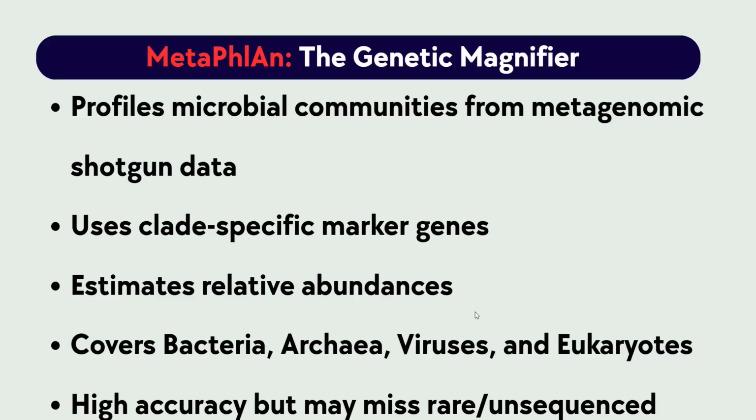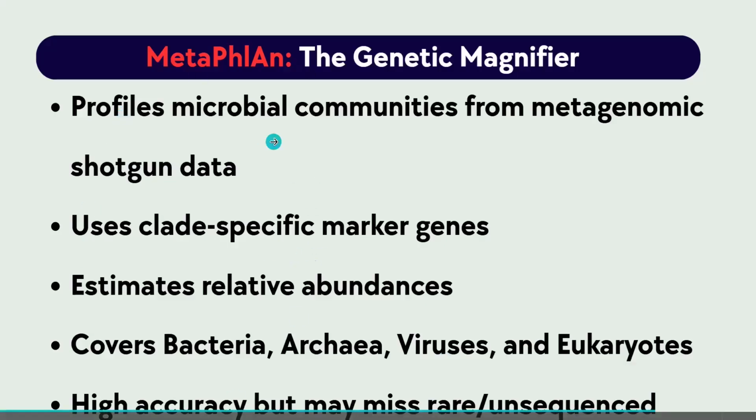It acts like identifying an animal just from its unique footprint. Unfortunately, as we have previously said, MetaPhlAn is way slower than Kraken 2 and it might miss microbes that aren't in its database, but when it says something is there, it can be trusted.